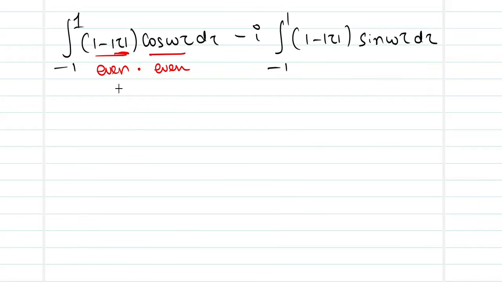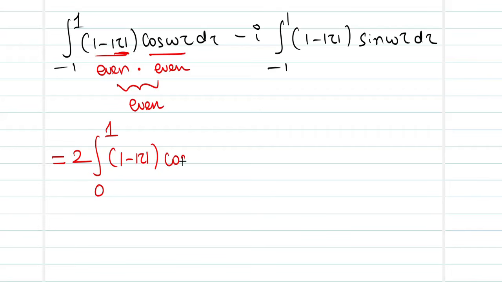When I multiply even into even, I get an even function. For an even function in the interval from minus a to a, this quantity becomes twice the integral from 0 to a of 1 minus modulus of tau cos omega tau d tau. So this is my first condition.